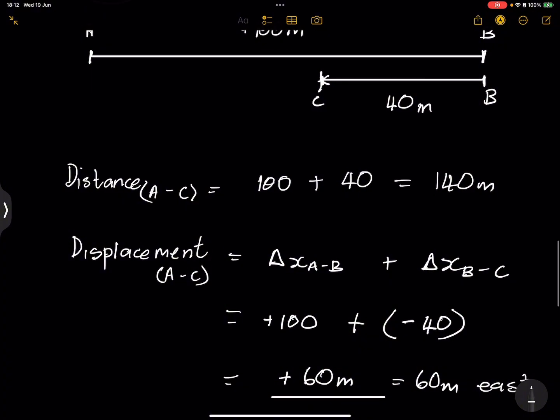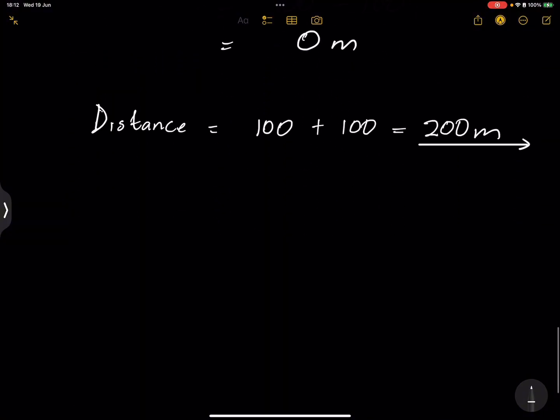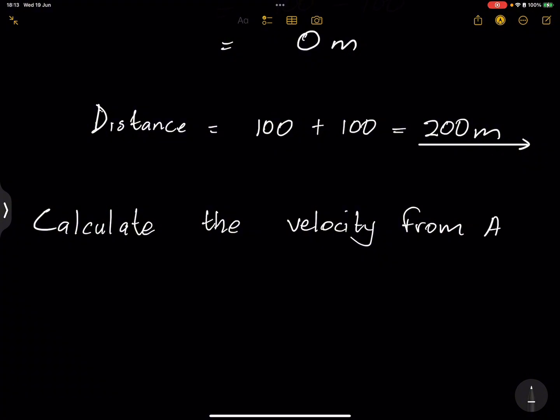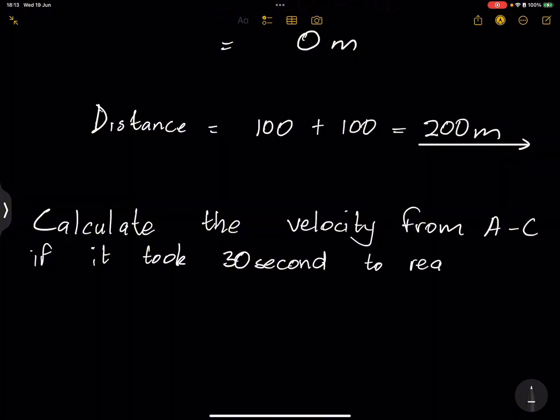Now, if this person takes, let's just say for argument's sake, about 30 seconds to get from A to C, and I said to you, calculate the velocity from A to C, if it took 30 seconds to reach point C from A, right?